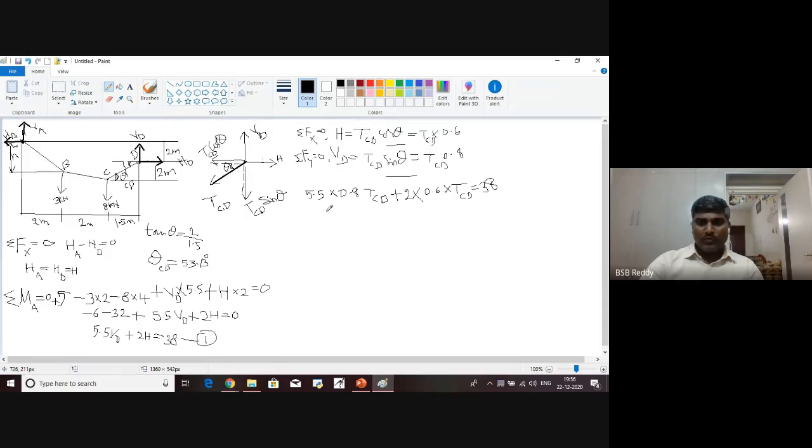So 4.4 plus 2 times 0.6, 1.2. TCD is common, is equal to 38. Right, what is TCD now? So 38 divided by 5.6.